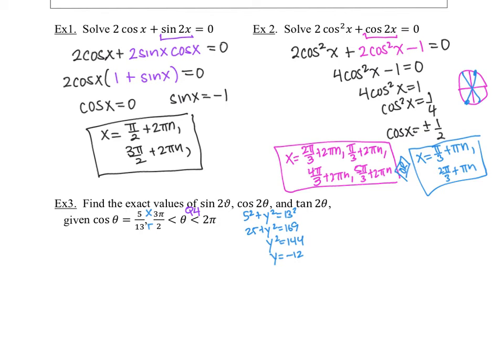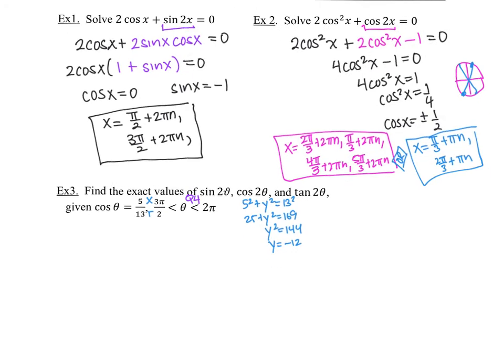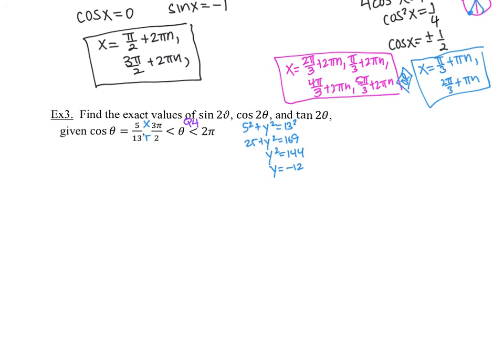Okay, now I'm going to try to actually evaluate the answers. What they want me to find is the sine of 2 theta first. I'm going to rewrite the formula just because it's your notes, but the formula would be 2 sine theta times cosine theta. So this will be 2 times the sine of theta, which is y over r, so that is negative 12 over 13.